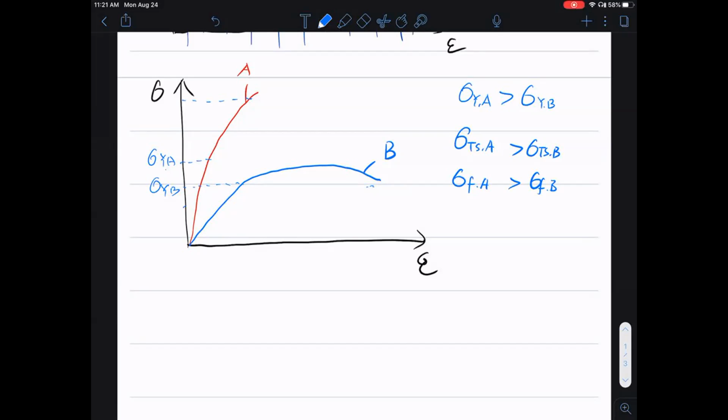But B is tougher than A? Yeah. So now you know the correct definition of toughness. Because if you count the area, material B has larger area than A. So the toughness of A is smaller than toughness of B.